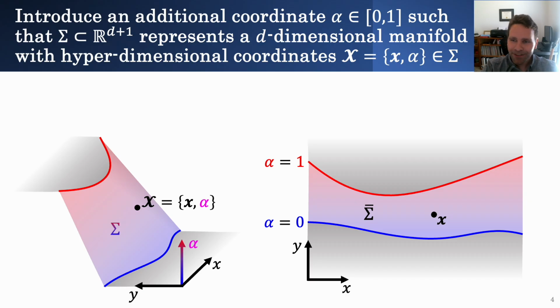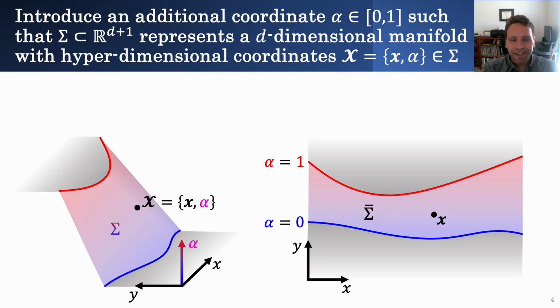So rather than considering points within this intermediate domain as having coordinates x, I also equip those coordinates with some auxiliary coordinate, which I'll call alpha, where alpha ranges from a value of 0 on gamma 0 to a value of 1 on gamma 1. And it smoothly and continuously varies in between.